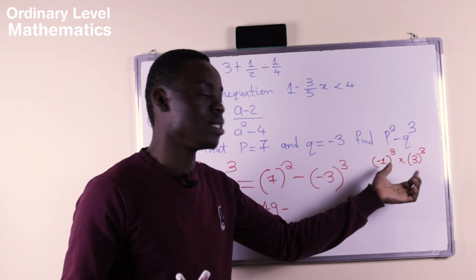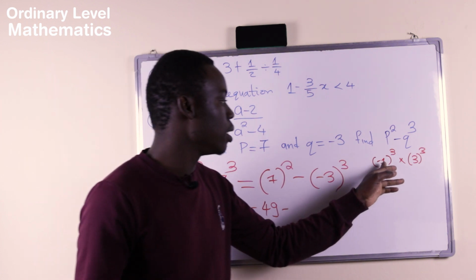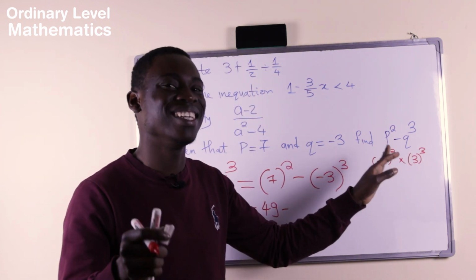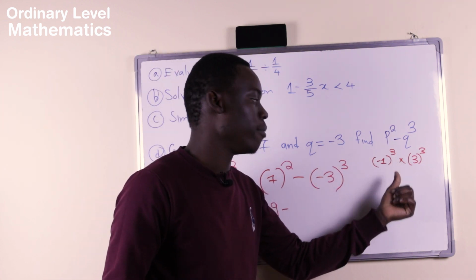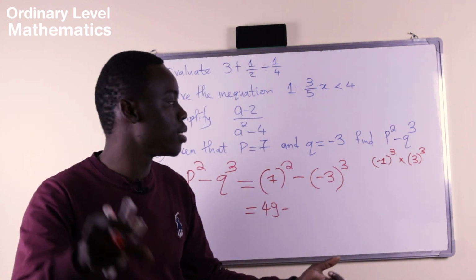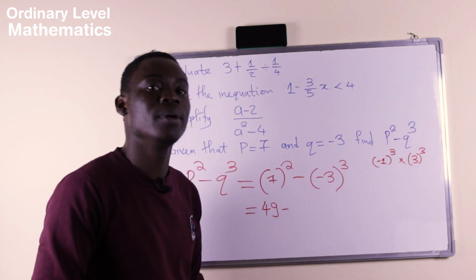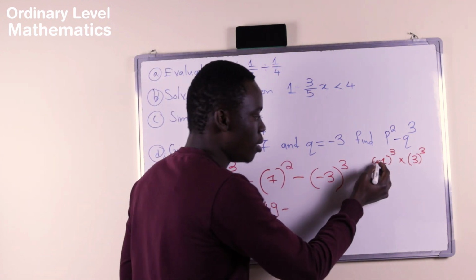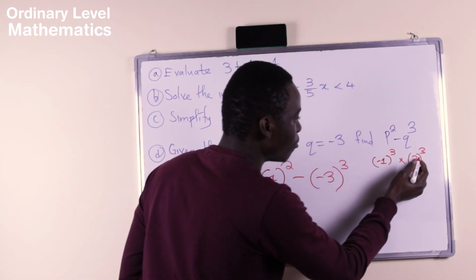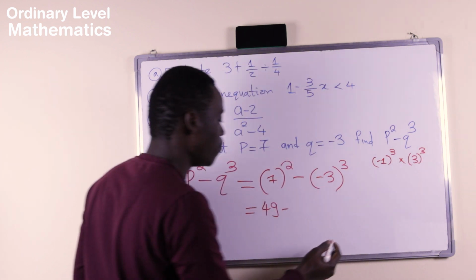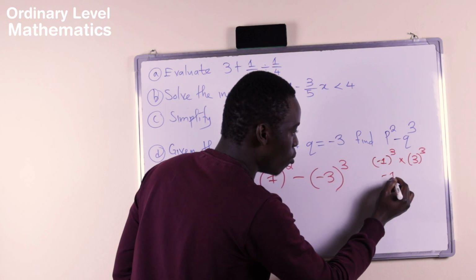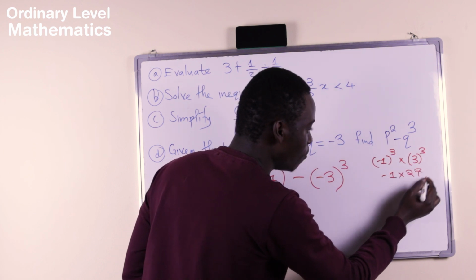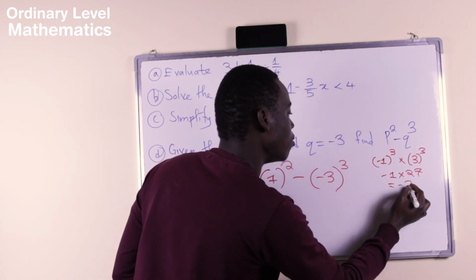So if it's a negative, the sign will become negative. So this -1 to the power 3 is -1. But if this is an even number, for example, 2, 4, 6, the negative will become positive. So this becomes negative, and this is 3 to the power 3, which is 27. Hence, altogether, -1 times 27 is equal to -27.